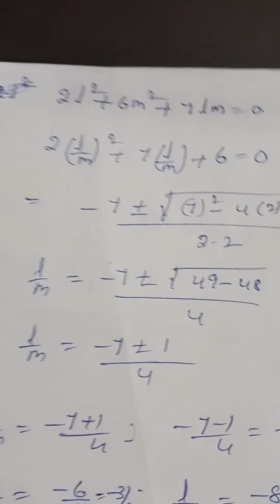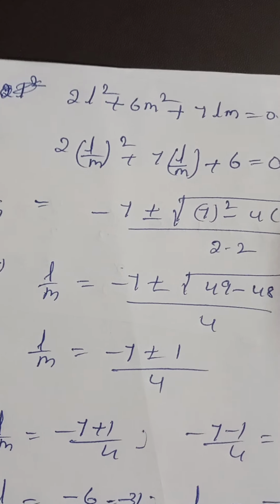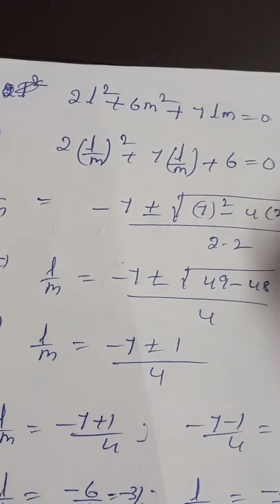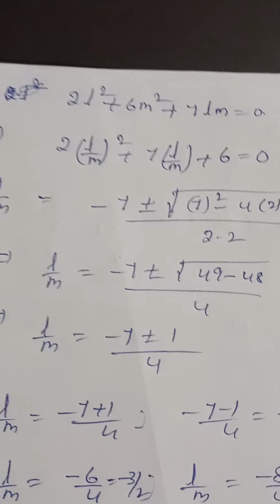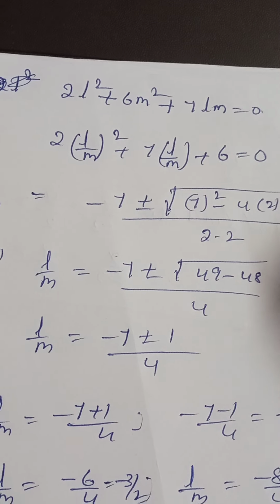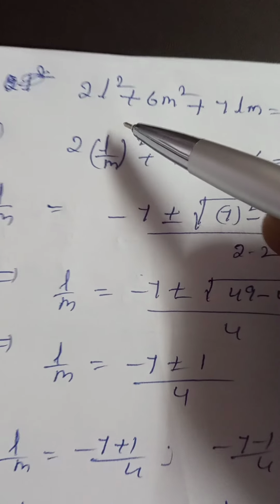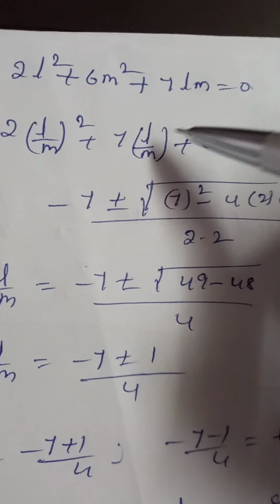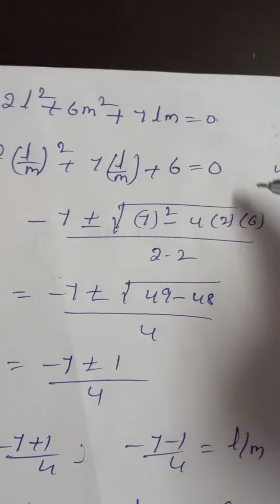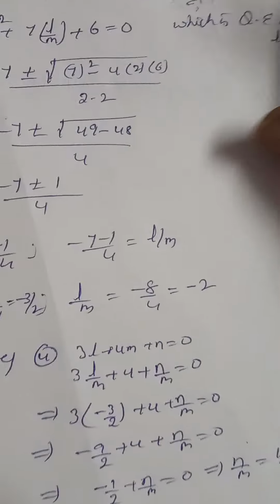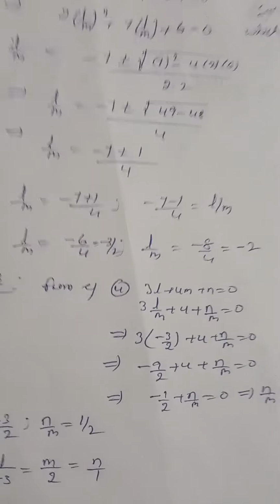Now throughout the equation I am dividing by m. Dividing by m, you will get 2 (l by m) whole square plus 7 (l by m) plus 6 is equal to 0, which is a quadratic equation in l by m. Every quadratic equation has two roots.